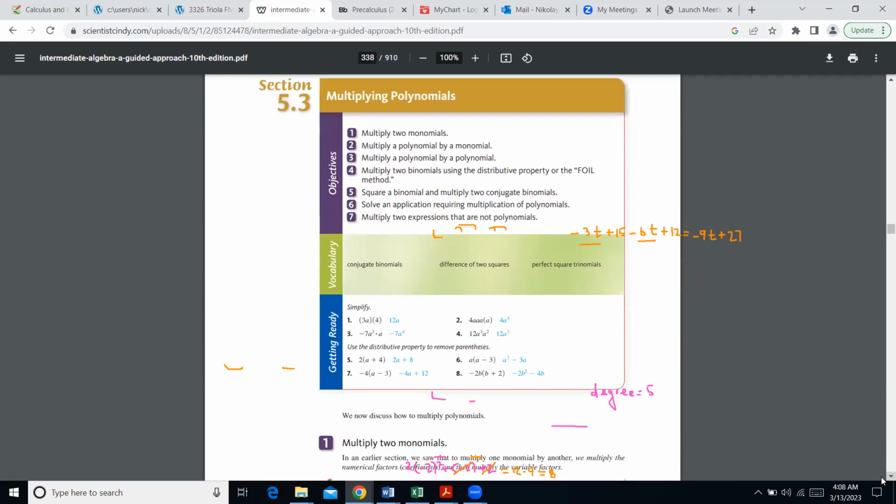In the next section, they multiply and use the formula that if you have a to the power of n multiplied by a to the power of m, then what you do is add powers n with m. So that's a very popular formula in algebra.